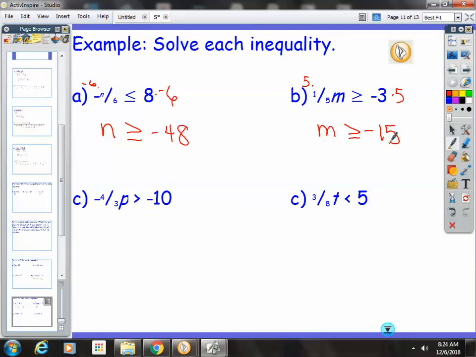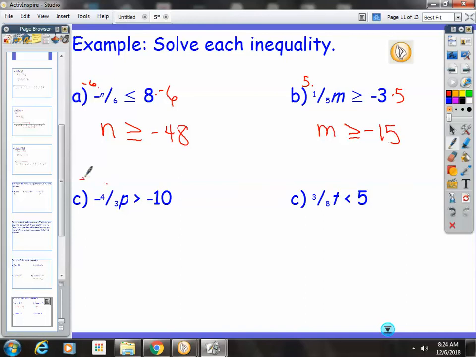How about letter C? What would I do to get p by itself? Negative 4/3.